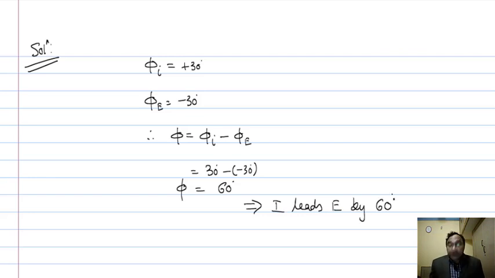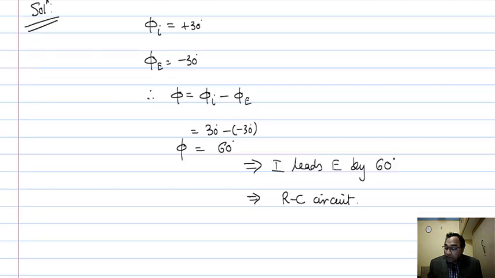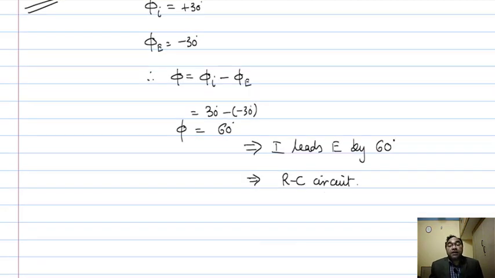Now, if current leads, therefore, it is an RC circuit, because in an RL circuit current lags EMF by some angle, while in an RC circuit current leads the EMF. That is exactly how we can identify the two elements.